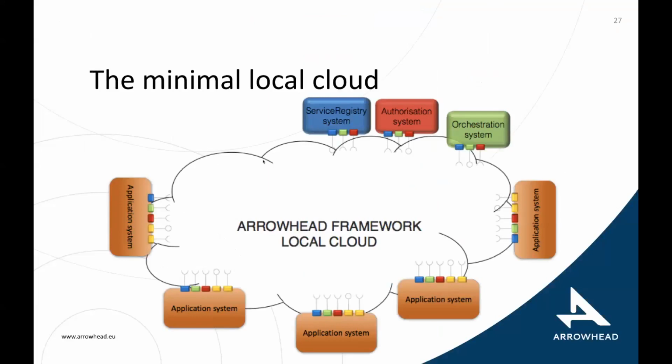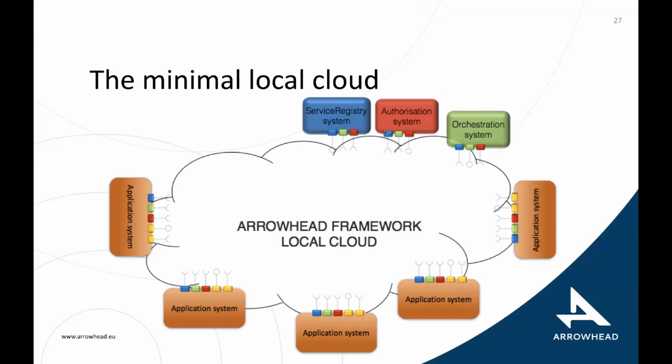This will enable us to build local clouds, and the minimal local cloud is basically the service registry, the orchestration system, and the authorization system, and at least two of these application systems. This is the minimum we need, and we don't need a lot of computers to actually execute these core systems, or mandatory core systems, we call them.